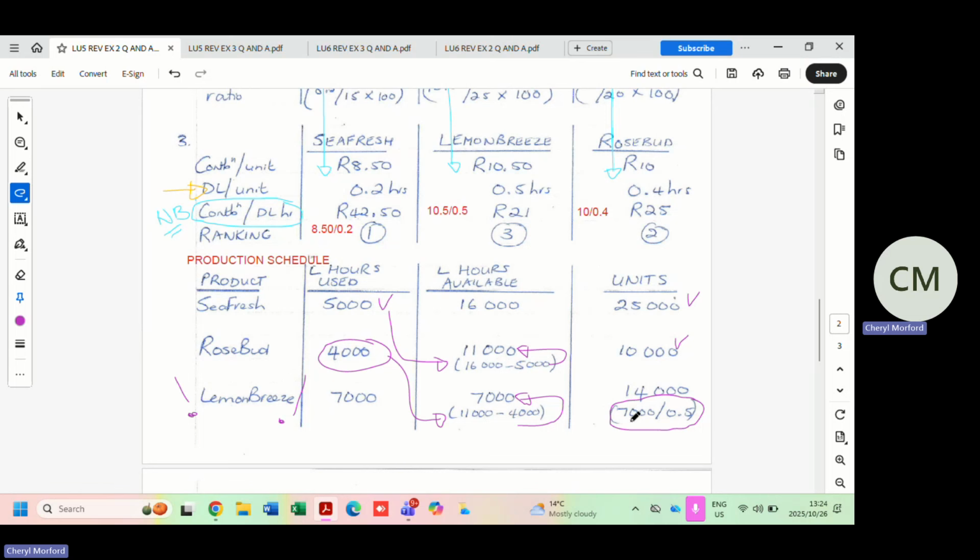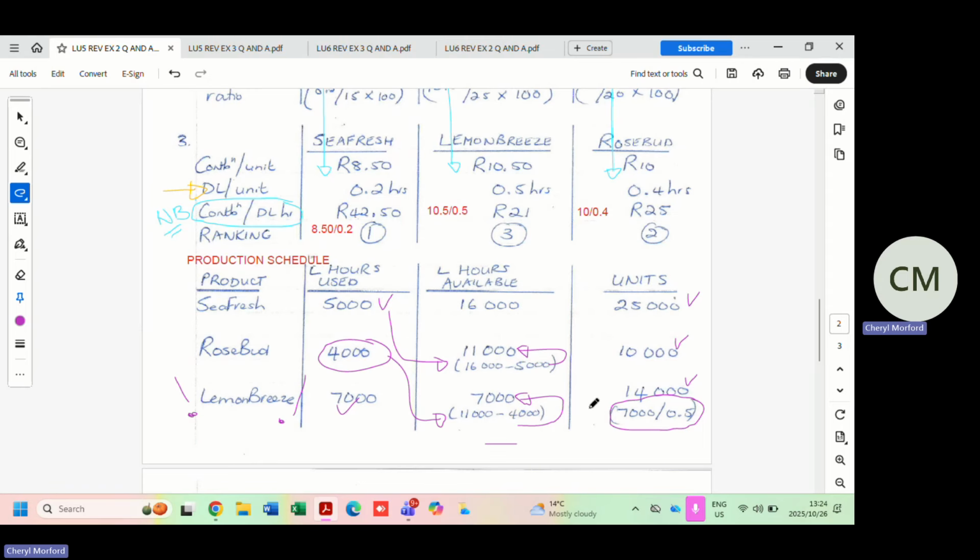So the time of 7,000 hours divided by half an hour each means we can produce 14,000. Then all of the time is used up, and the labor hours available after all of that would be 0. So we came quite close to being able to meet the entire sales demand because we were only short about 500 hours. So it might not be so simple in another scenario, but what would you do then?